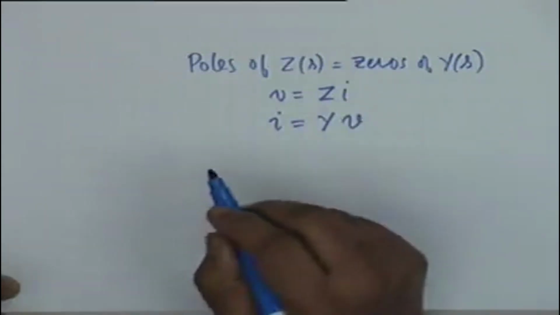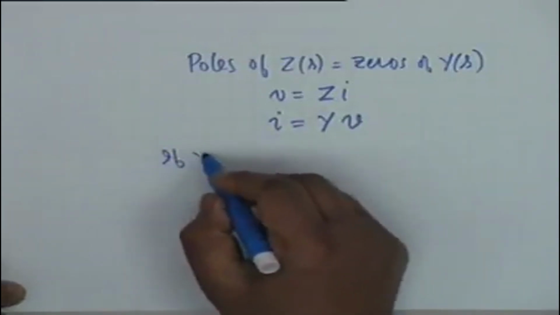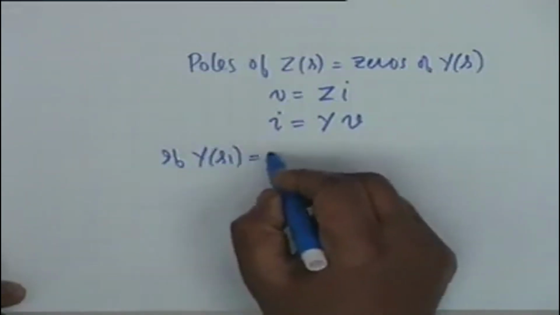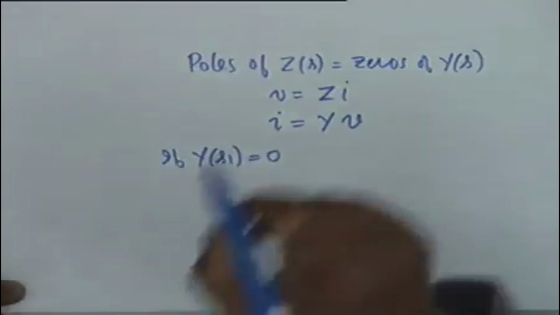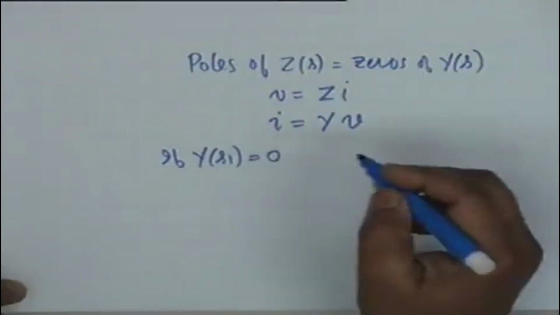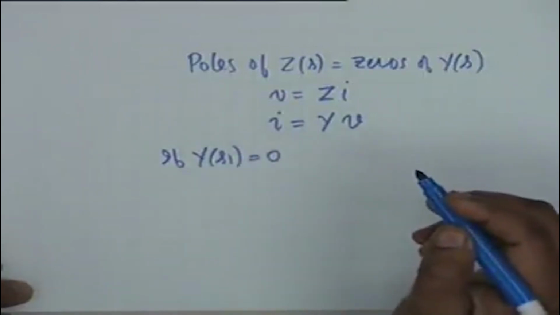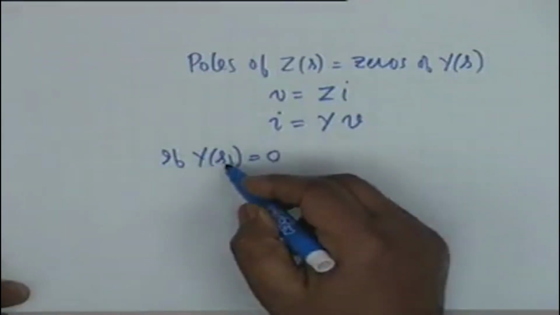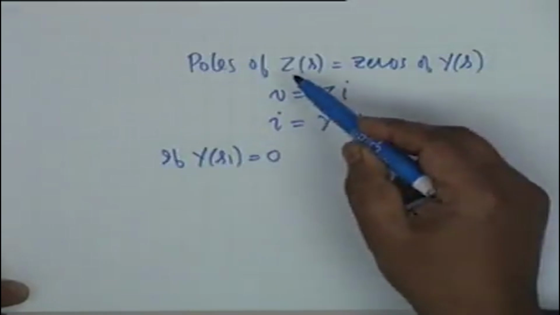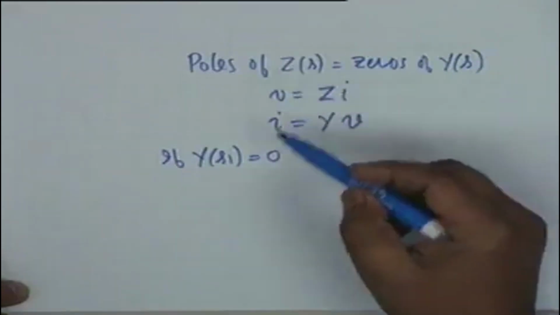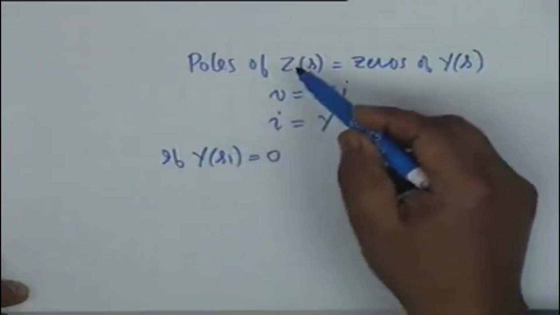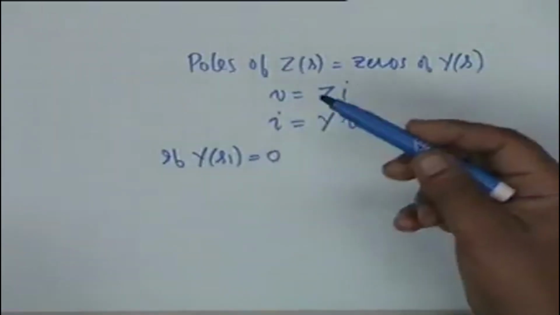We argue the same thing: if Y of S1 equal to 0, some value of S at which the admittance is 0, then S1 must be a pole of Z. A zero of Y is a pole of Z, because one is the reciprocal of the other.